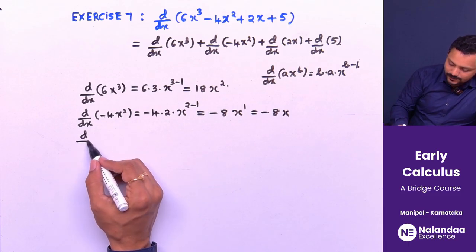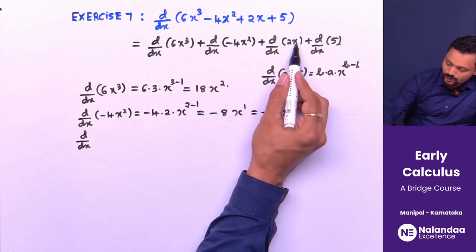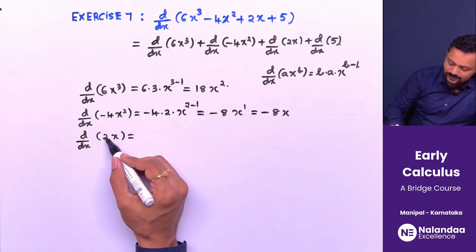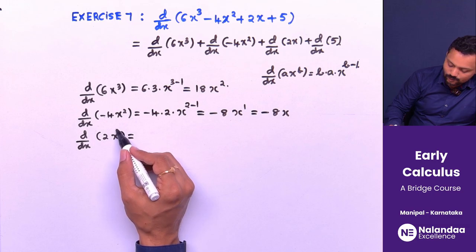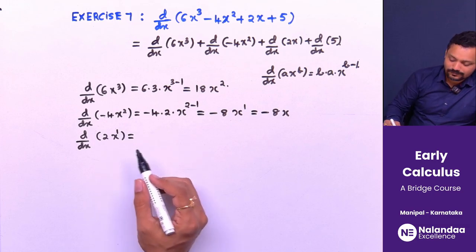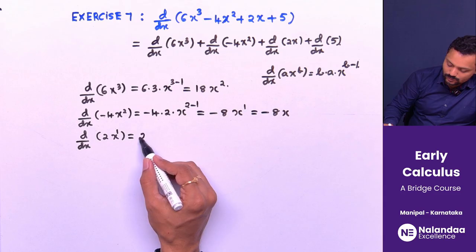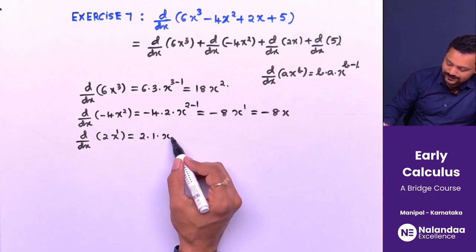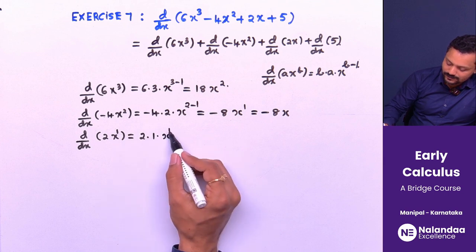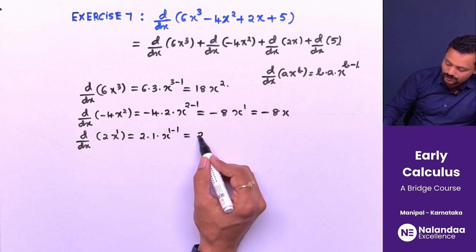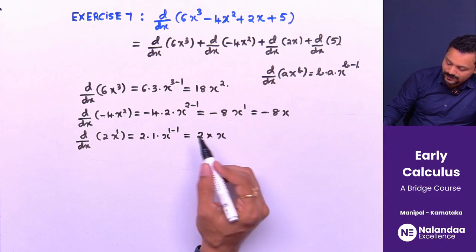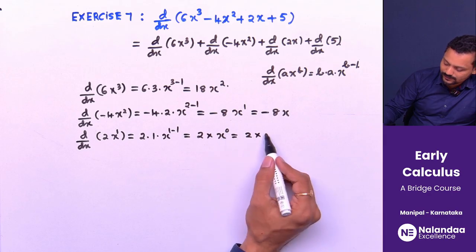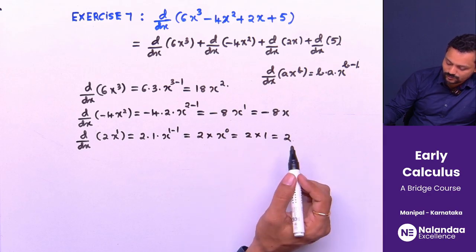Next, d by dx of 2 into x. Now this is of the form 2 into x power 1, a x power b. So this is 2 into the power 1 into x power b minus 1. So this is 2 into x power 0. So we get 2 into 1, which is equal to 2.